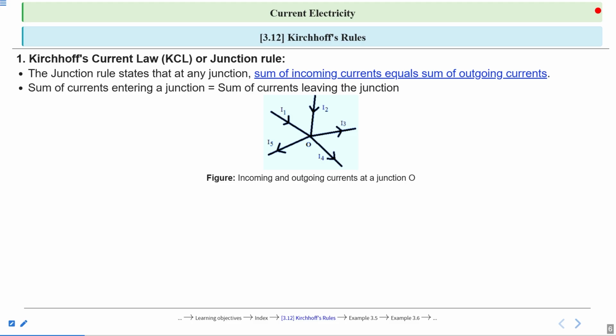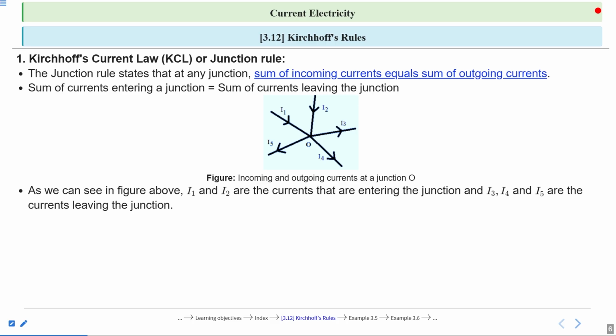We can use either terminology, and it will be used in the entire topic. Current leaving the junction means outgoing current, and current entering a junction means incoming current.